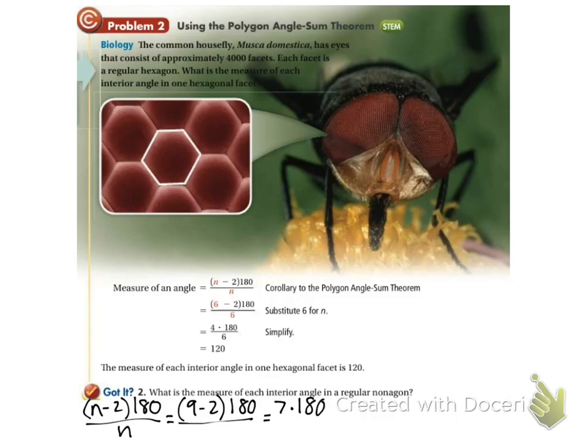Oh, oops, I can plug in 9 over here for n, over 9. 7 times 180 gives me 1,260. So remember that top bit tells me that the sum of the angles inside this polygon with 9 sides is 1,260 degrees. And when I divide by 9, that tells me how much each angle is, and that is 140 degrees. So each angle inside a nonagon, a polygon with 9 sides, is 140 degrees.